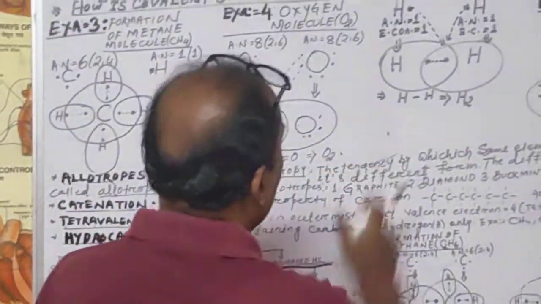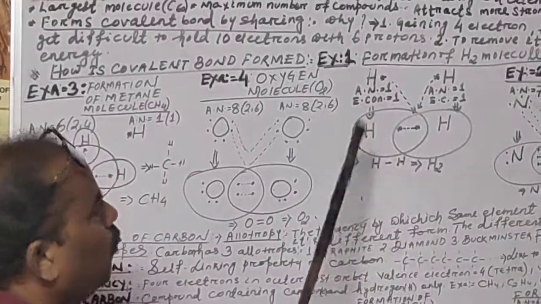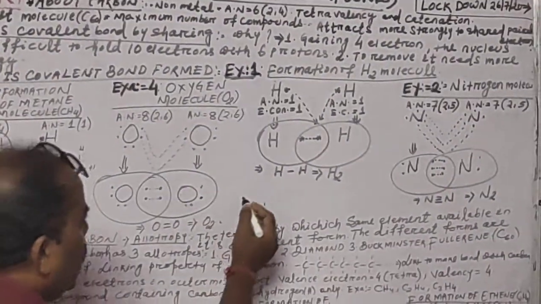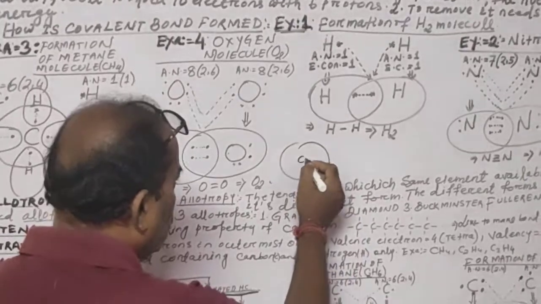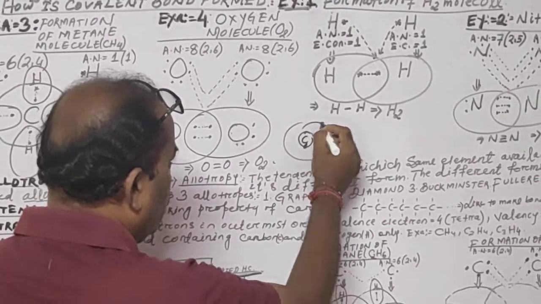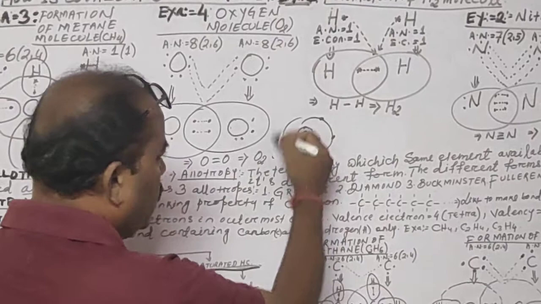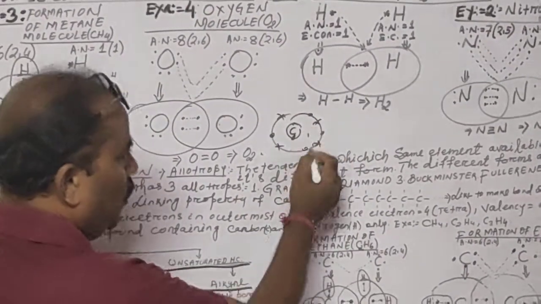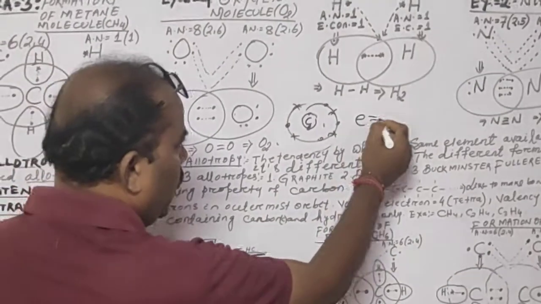Let us see. If it gains 4 electrons, then how many electrons will there be? This is C. 2 electrons are here, and 1, 2, 3, 4, total is 6 electrons. When it gains 4 more electrons to become stable, the total will be 10.